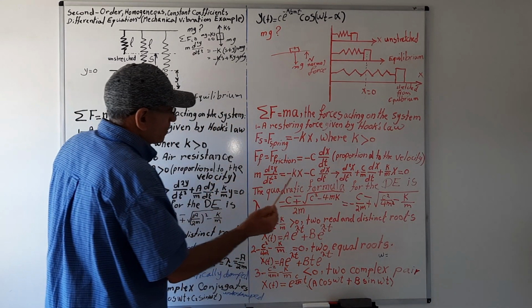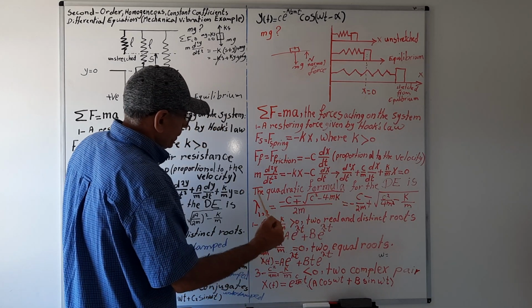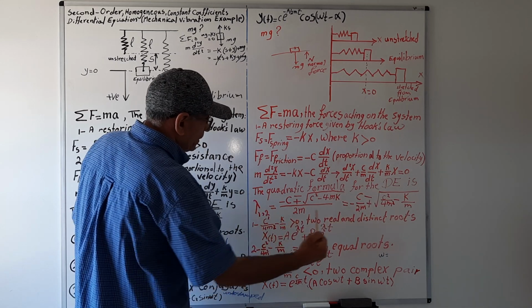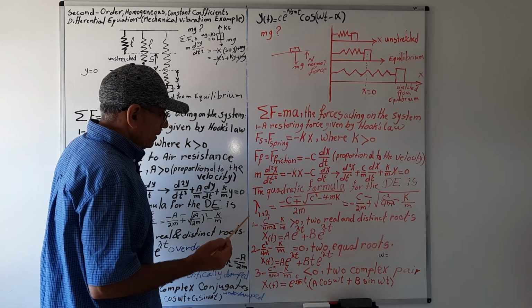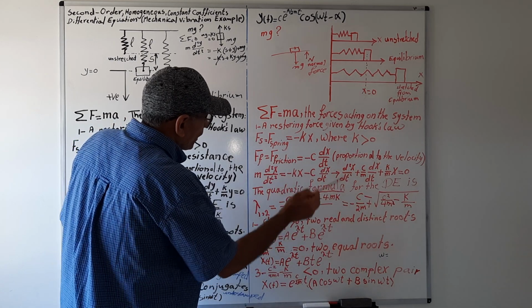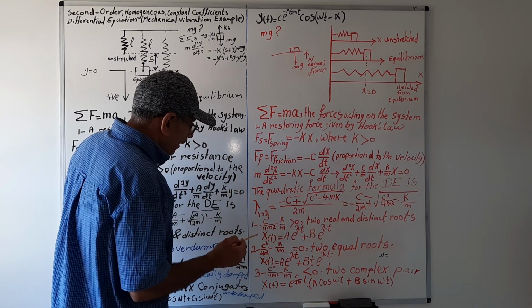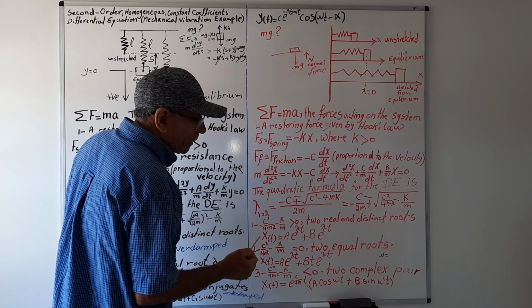And here is our differential equation rearranged, and we get the quadratic formula for the differential equation, the same thing. Three choices. If inside the root is bigger than 0, we will have two real roots, and this is the solution.